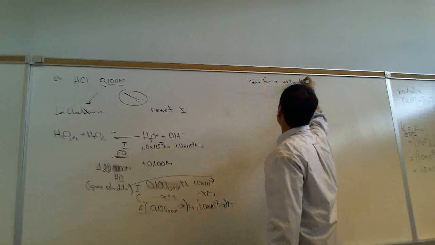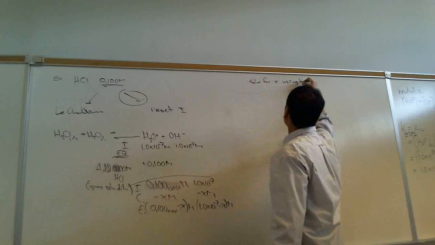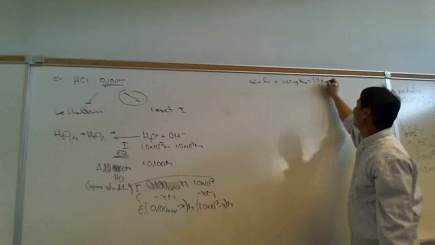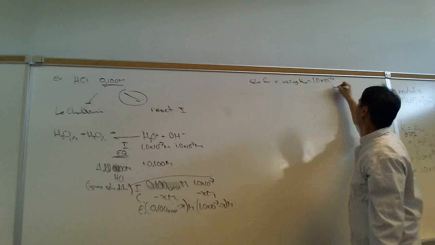Using Kw. This is a number you have to memorize. Kw is equal to 1.0 times 10 to the minus 14.